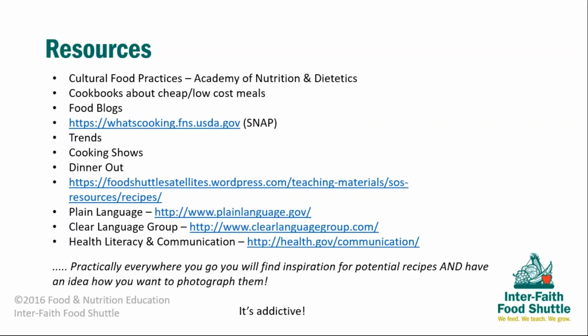There's some additional information on the bottom of this resource list that helps you think through what clear language looks like and how to design your instructions so that they're very, very simple. And then, of course, on our food blog, we have the Share Our Strength resources, and then we have recipes.